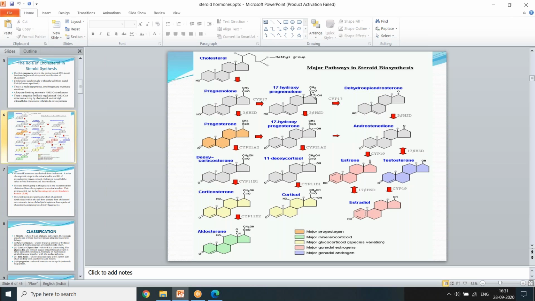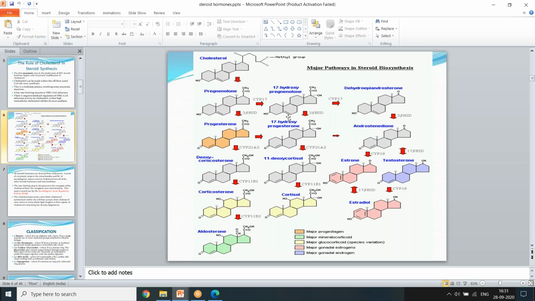Okay, this is the D ring. At this D ring, you can see the difference in both the structures. You are going to draw this pathway on your own. Here you see that OH has been added at the D ring, at the C17 position, to give you 17 hydroxypregnenolone.